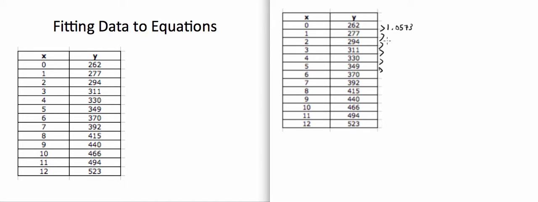So 1.0573 is the first one. We have 1.0614, and then 1.0578, 1.0611, 1.0576, 1.0602, 1.0595, sorry, that's a 5.